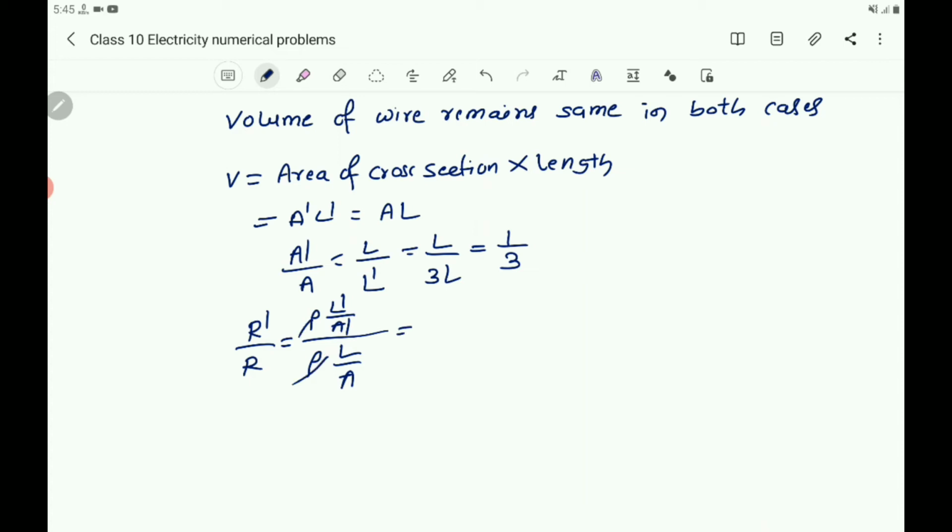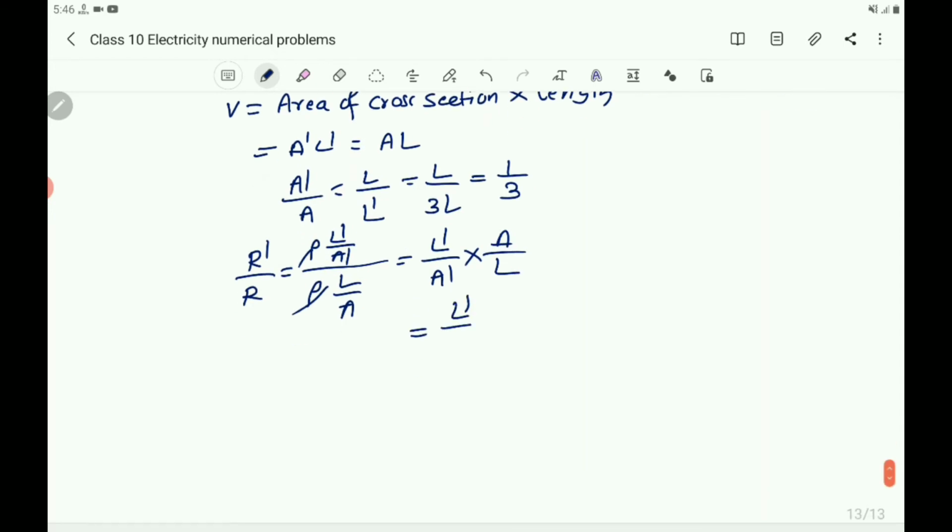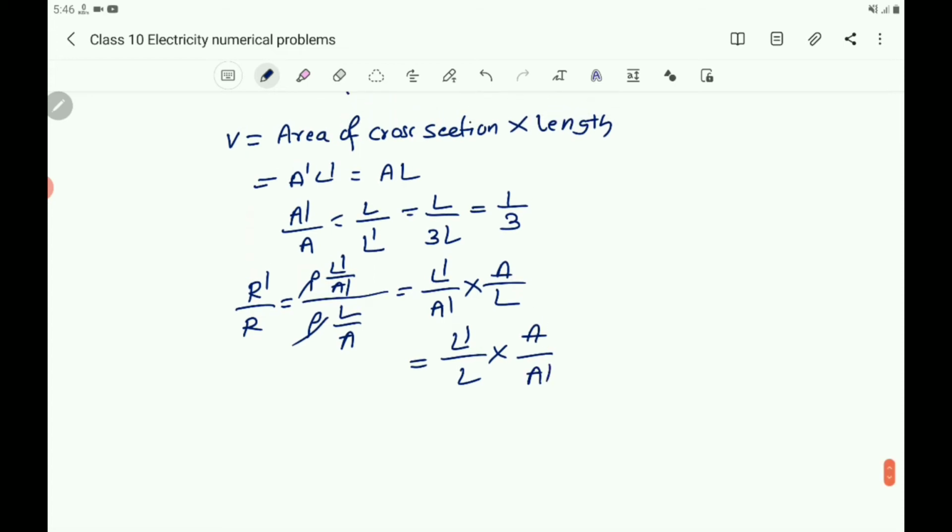You will get L dash by A dash into A by L, that equals L dash by L into A by A dash. L dash by L becomes 3 by 1, and A by A dash becomes also 3 by 1.